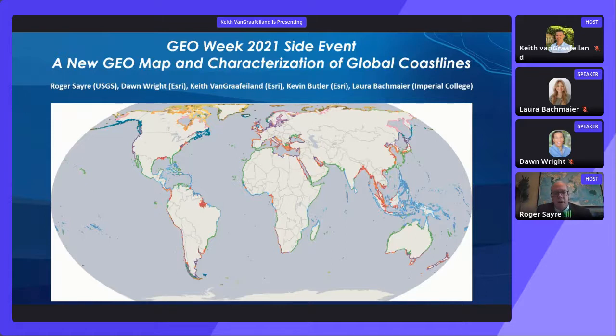And my job is to provide a detailed introductory background on the concept and the method. And then we'll hear from Keith and Kevin, who will take a deeper dive, a closer look, and then we'll finish with Laura, who will give us an example of a real world application of the data, how she used and found the data. Okay, Keith.